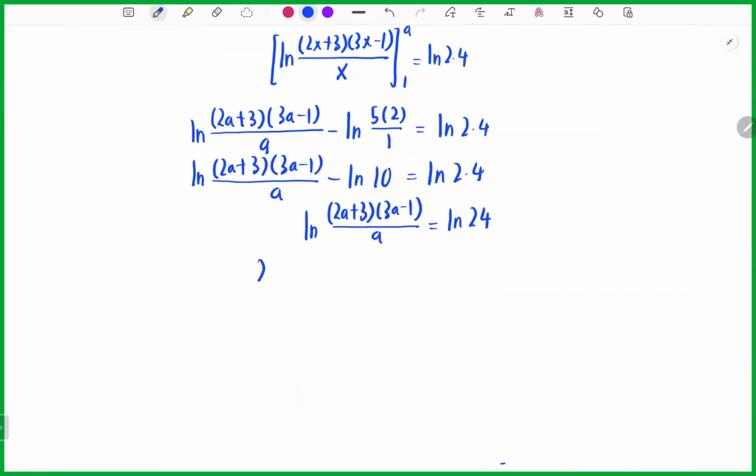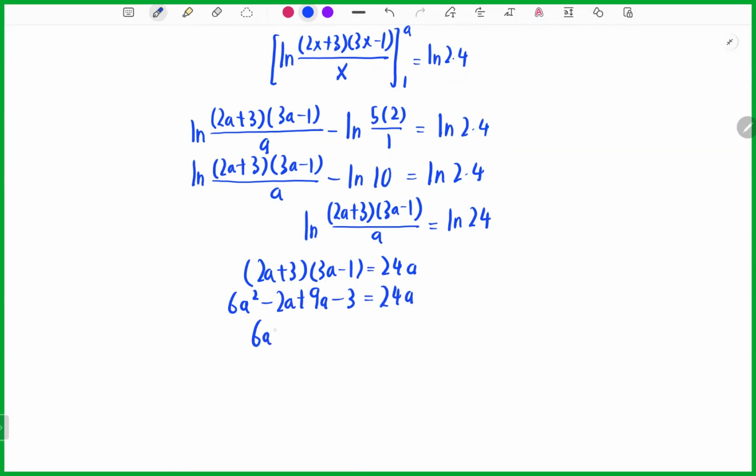Actually, you can take out 2a plus 3 brackets, 3a minus 1 equals to 24a. So you can multiply 6a squared, and then plus 9a, and then minus 2a, and then minus 3 equals to 24a.